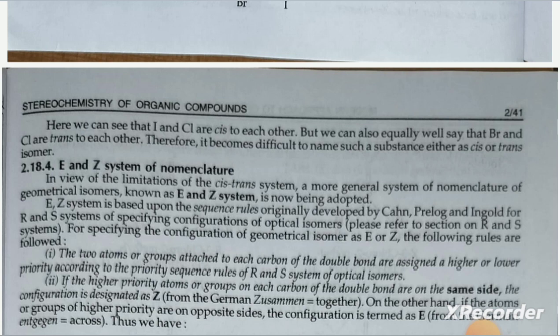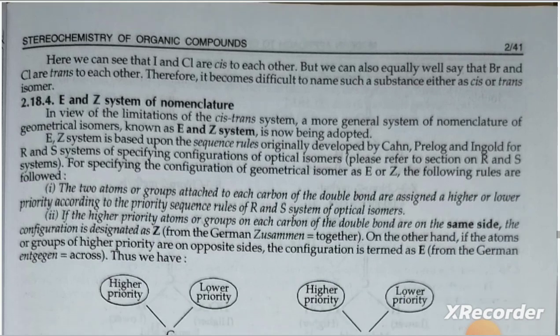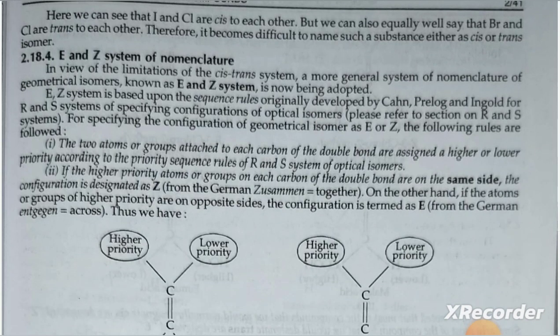Fourth, E and Z system of nomenclature. In view of the limitations of the cis and trans system, a more general system of nomenclature of geometrical isomers, known as the E and Z system, is now being adopted. The EZ system is based upon the sequence rule originally developed by Cahn, Prelog and Ingold.